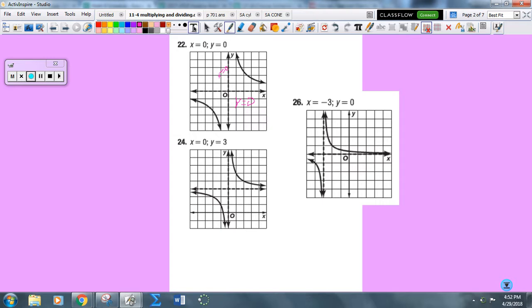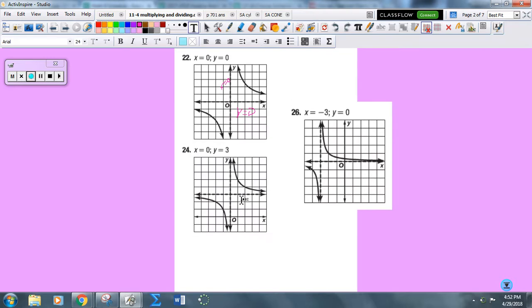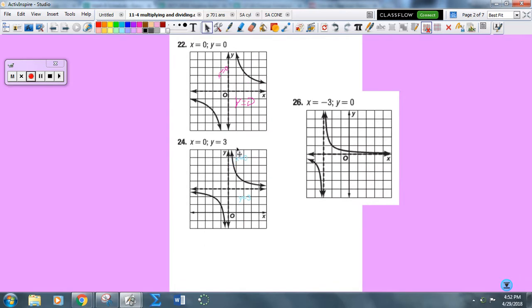And then down here, my two asymptotes are y equals 3 and then x equals 0. I'm typing them because my pen isn't writing very well. Those are kind of hard to see, so let's change the color on those.